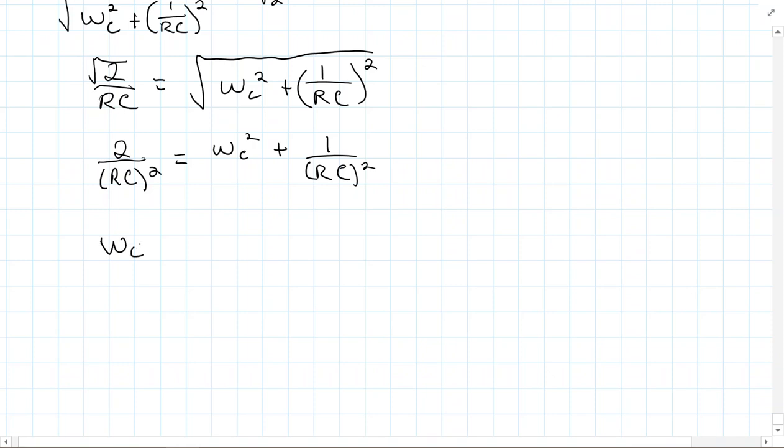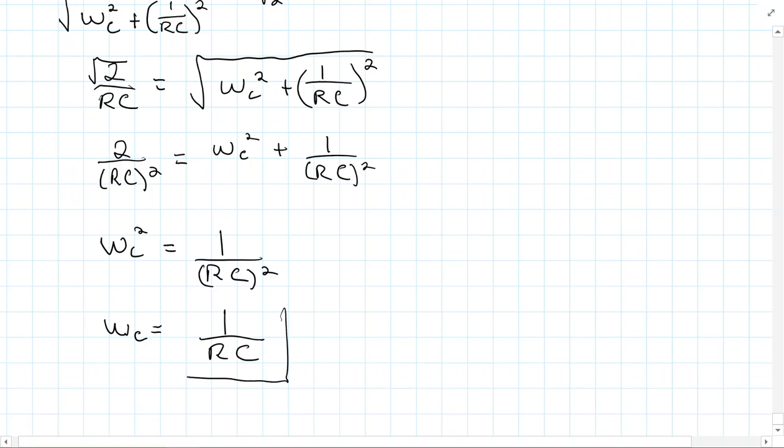I get omega c squared is equal to 1 over RC squared, just subtracting it. And then omega c, technically it's positive and negative, but we know we don't have negative frequency, so it's just positive. Taking the square root of both sides, we get omega c is just simply 1 over RC.